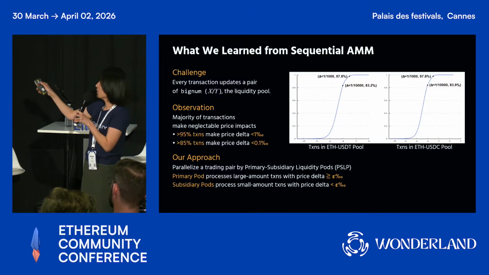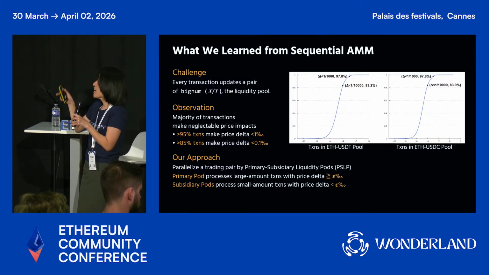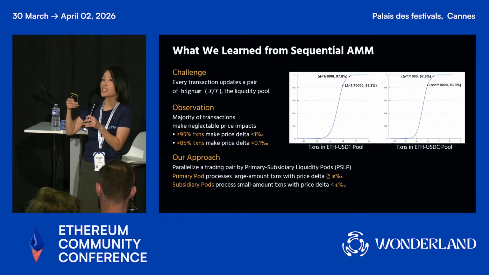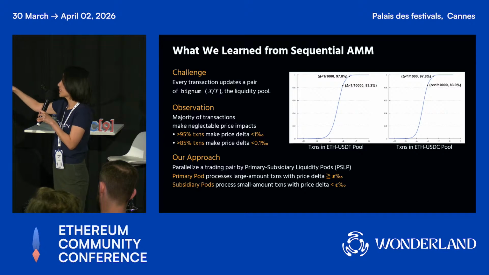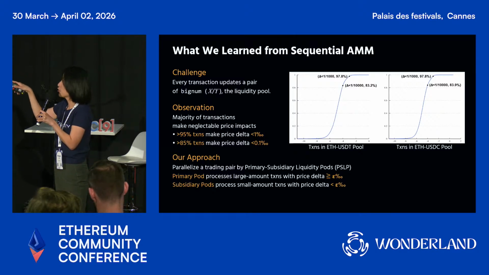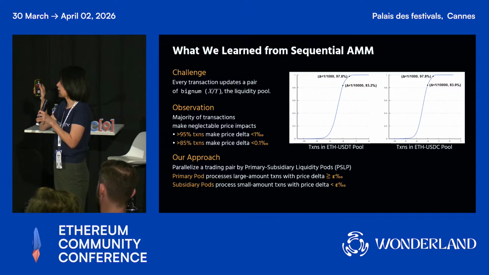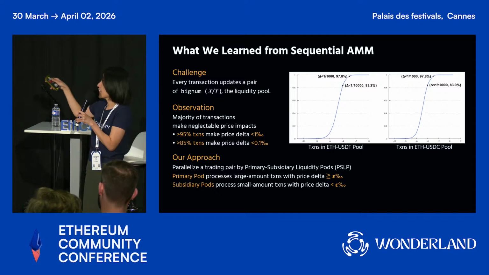Before diving into the details, I would like to share the inspiration for this parallel AMM design. It's based on our observation of Uniswap v2. The numbers are here. Actually, the majority of transactions make negligible price impact. They don't have price impacts. To give it a number, over 85% of transactions would make a price delta of less than 1,000th. So our approach is that we parallelize those transactions.